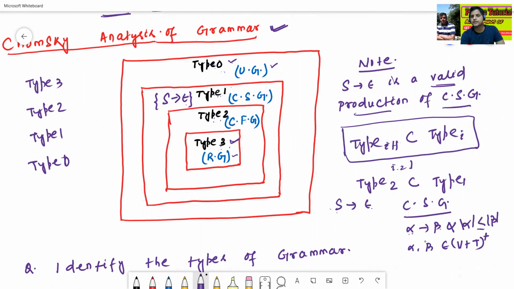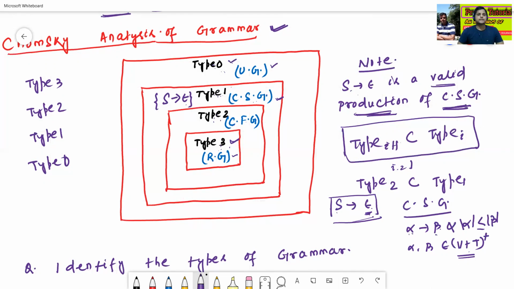S belongs to (V plus T) whole plus, but epsilon does not belong to (V plus T) whole plus, since it is a positive closure, and a positive closure does not contain epsilon. So S to epsilon generally does not satisfy context sensitive grammar, but it is an exceptional case. So S to epsilon is a valid production of context sensitive grammar.